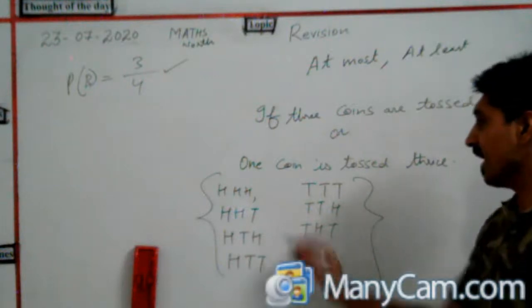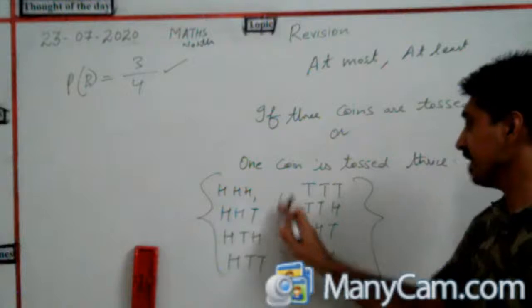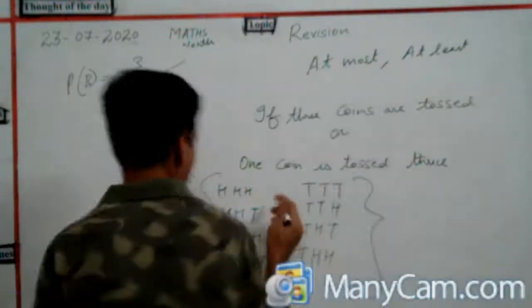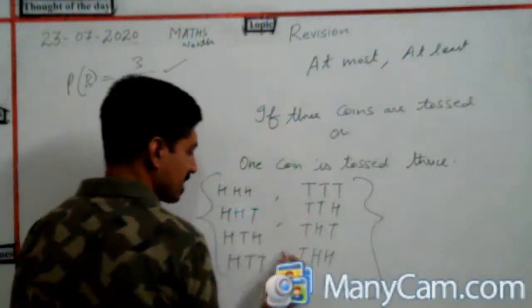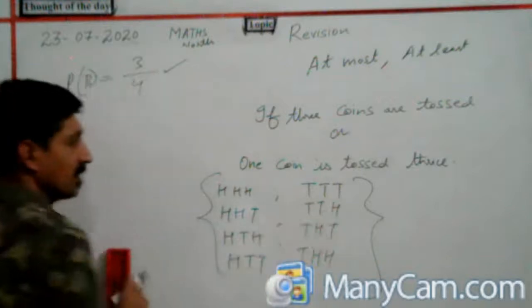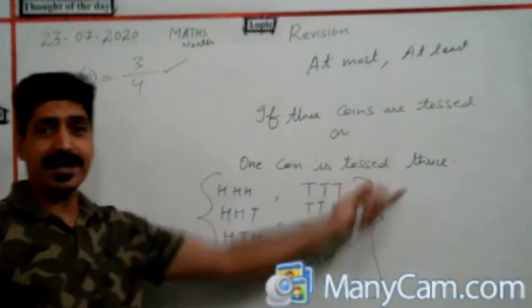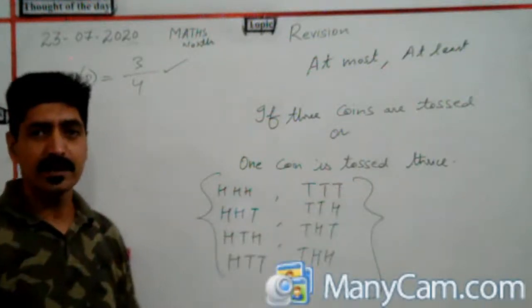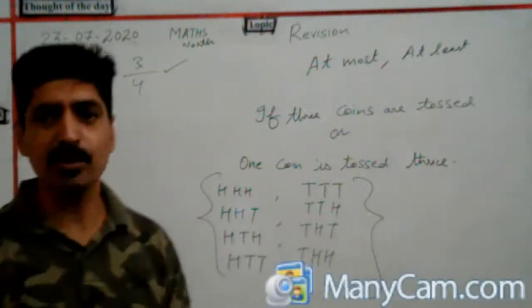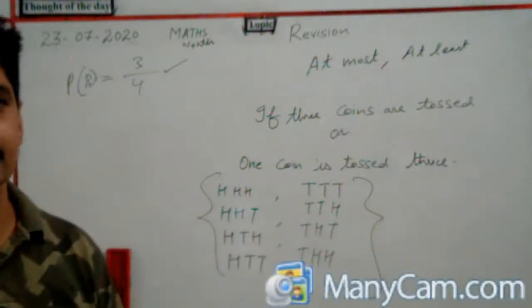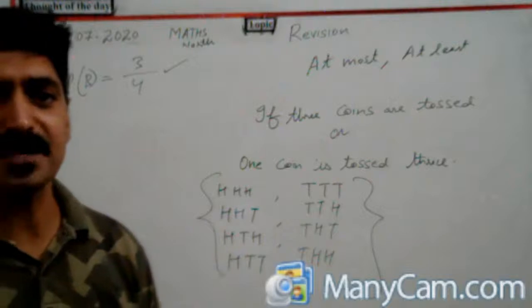So these are 8 events, the 8 possible ways in which this experiment can happen. This is the sample space.